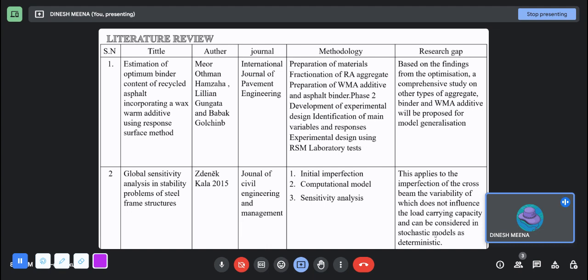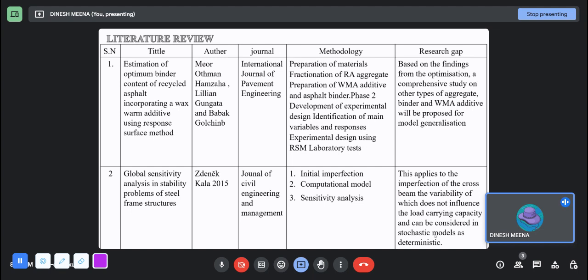Phase two was development of the experimental design, identification of main variables and responses. Experimental design using the RSM and laboratory tests. The research gap found based on the findings from the optimization is that a comprehensive study on other types of aggregate, binder and WMA additives will be proposed for model generalization.